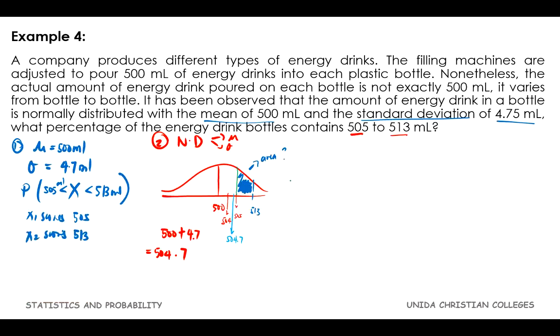Anong gagawin natin sa third step natin? So, analyze natin. Iisip tayo kung paano ba natin makukuha yung area. I-analyze natin na paano natin makukuha yung area na yon. Okay? Diba? Doon sa Z-table natin.